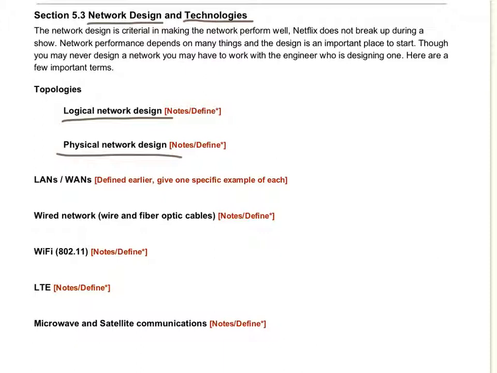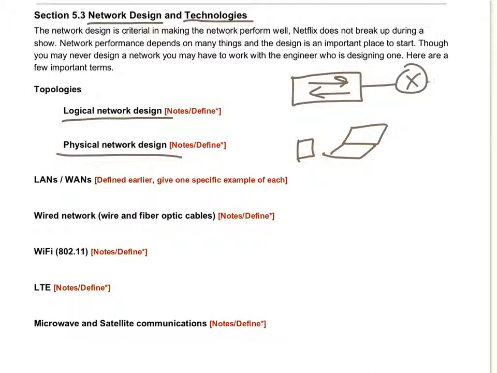What I typically draw is a device. Okay, let's say a phone, or we have a laptop, and then eventually they connect into some intermediate device like a switch, which then maybe connects to a router, which then connects to something else.